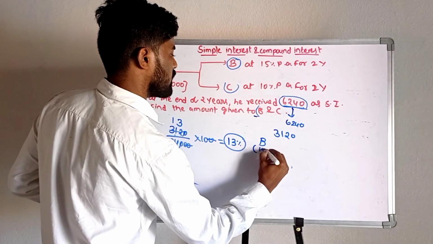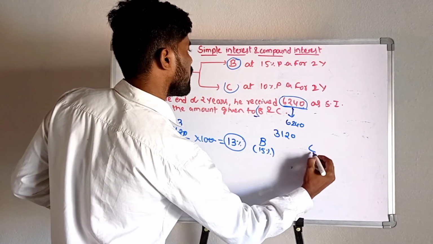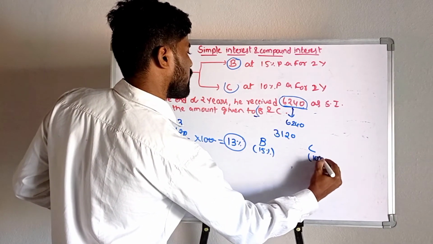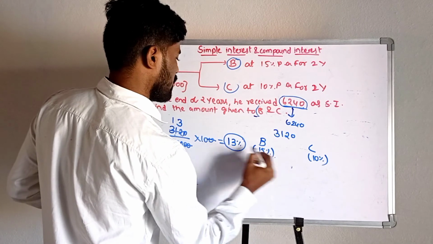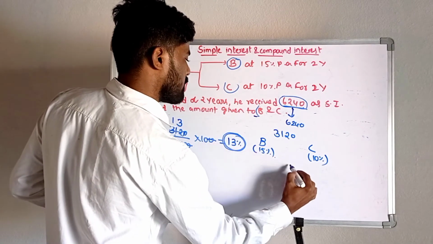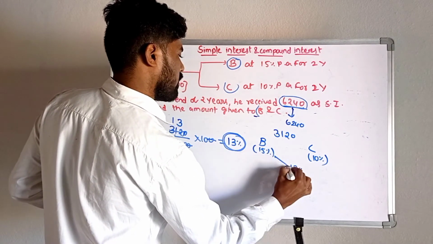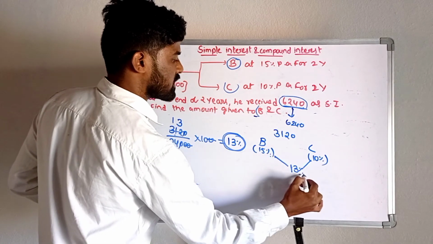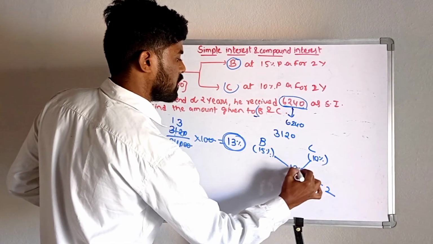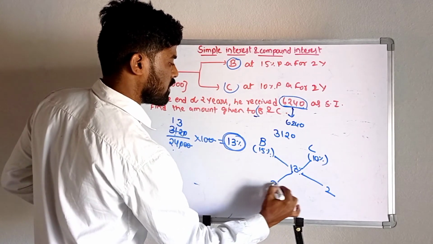B 15%, C 10%. We use the alligation rule. Net rate of interest is 13%. 15 minus 13, 2; 13 minus 10, 3. So the ratio is 3:2.